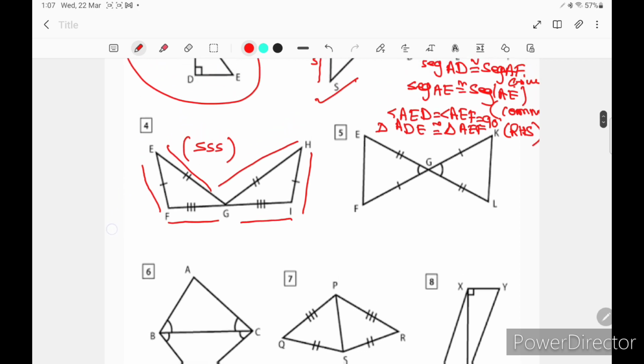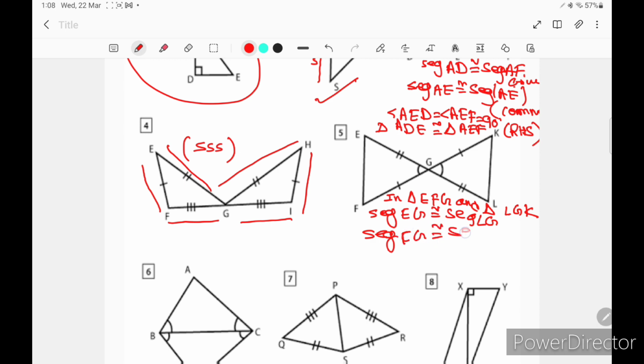Now question number 5. Which triangles are given? Triangle EFG and triangle LGK. What is given? Segment EG is congruent to segment LG. Segment FG is congruent to segment KG.